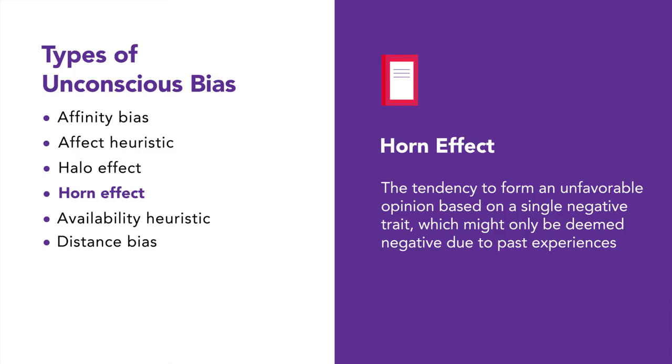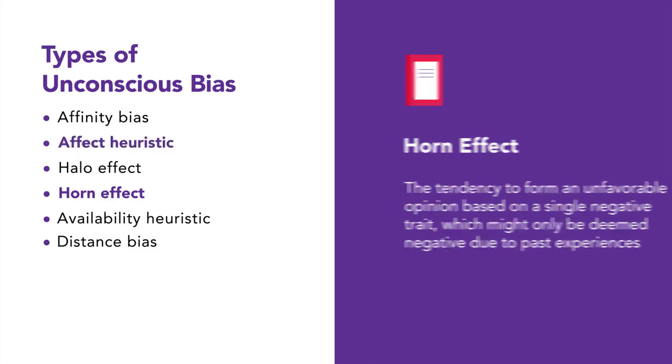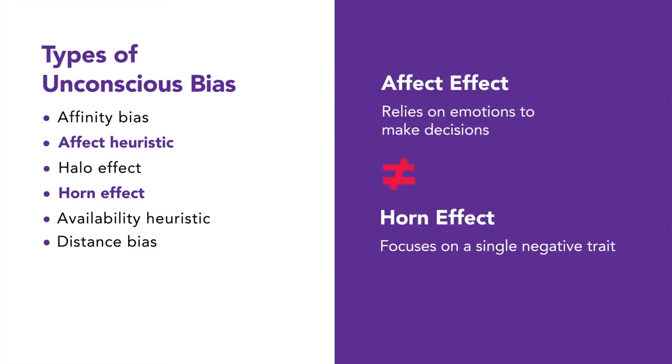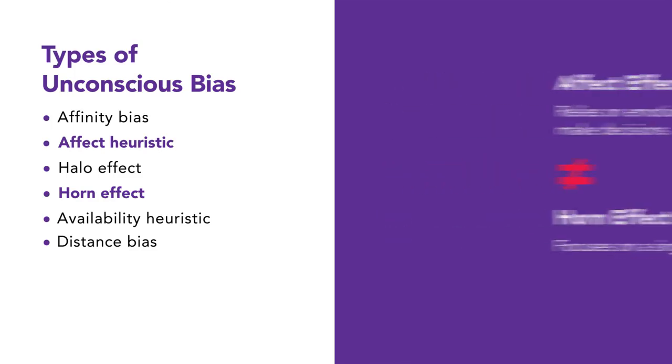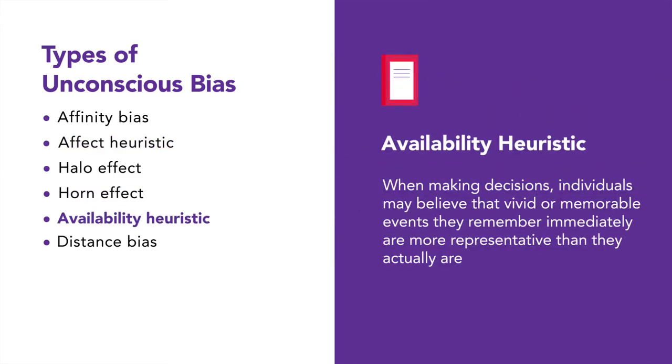As a result, the interviewer immediately develops a negative impression of the candidate, even though the tattoo is irrelevant to their qualifications or job performance. You might notice some similarities between the horn effect and affect heuristic. Remember, the horn effect focuses on a single negative trait, whereas affect heuristic relies on emotions to make decisions.